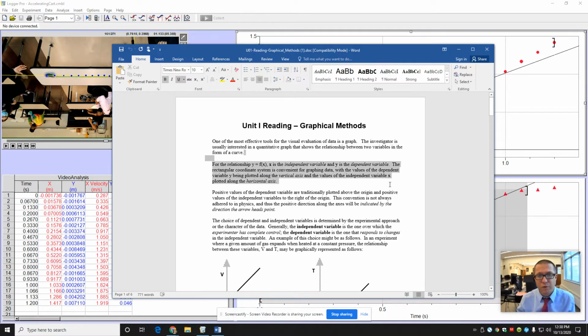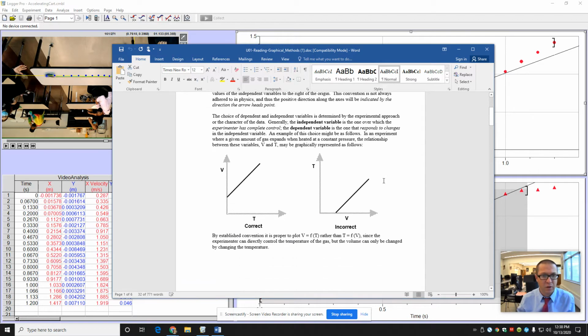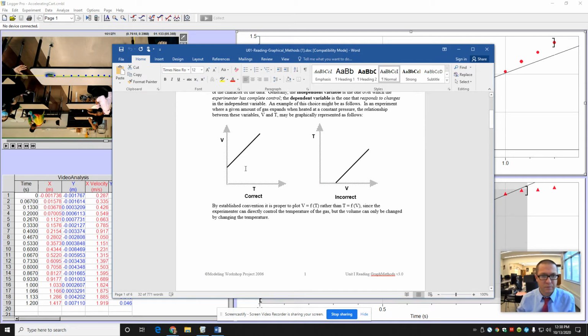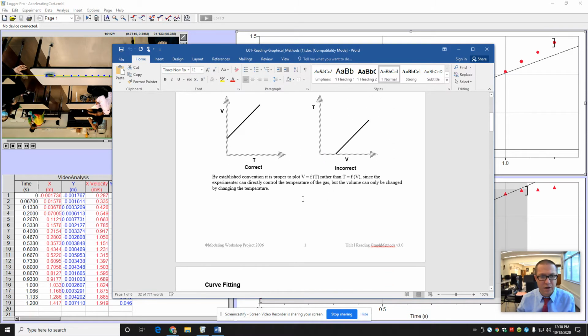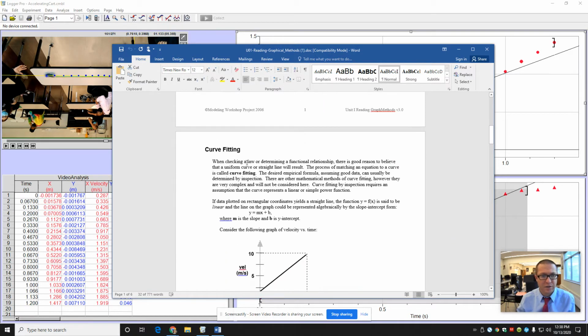But anyhow, it goes through a bunch of the stuff we've already talked about: independent variable, dependent variable, how to arrange your data in the graphs. Then it gets into this curve fitting idea. When checking a law or determining a functional relationship, there's a good reason to believe that a uniform curve or straight line will result.